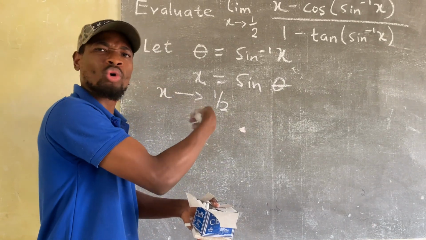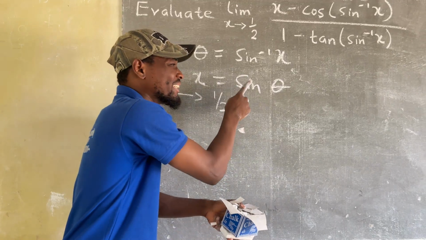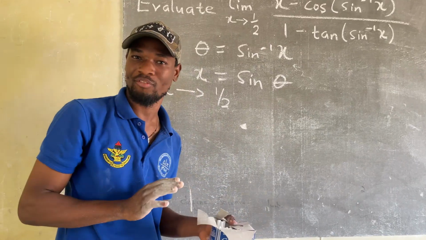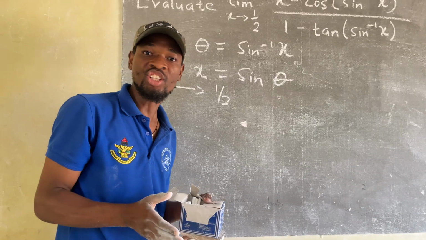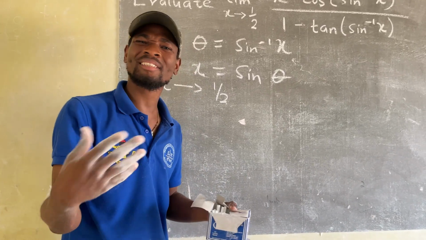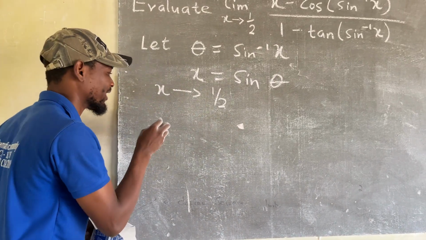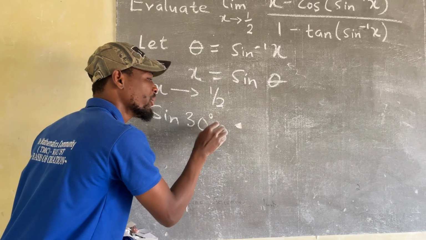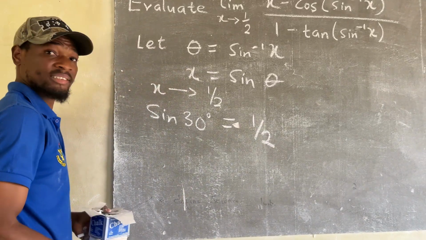What would I do on my calculator such that when I punch sine of a certain angle, I will get half? You can decide to work in radians, or you can decide to work in degrees. All is up to you. We already know that sine of 30 degrees gives me half. As simple as that.